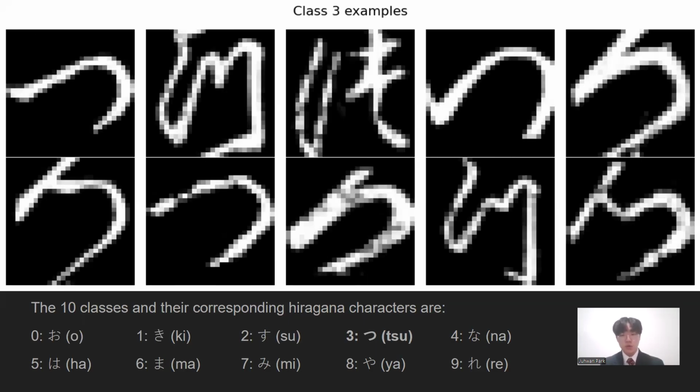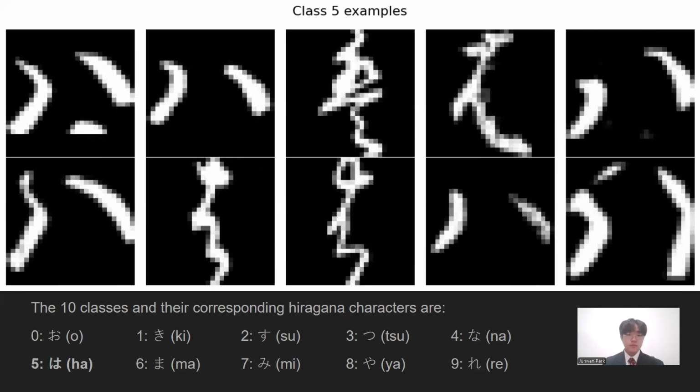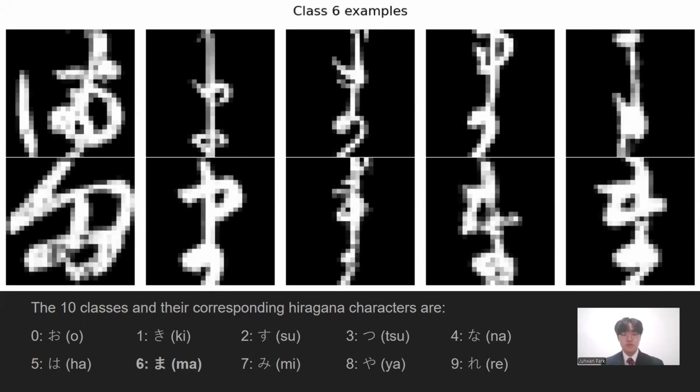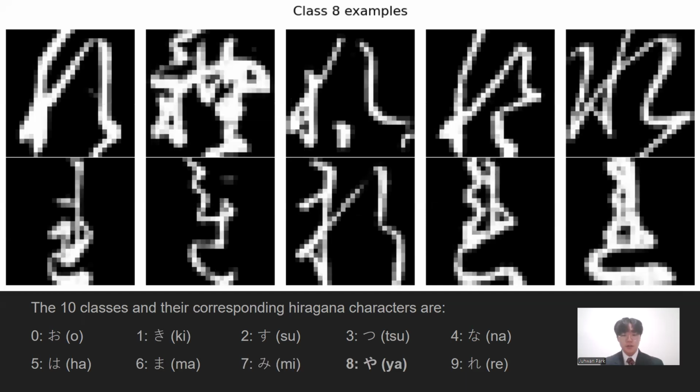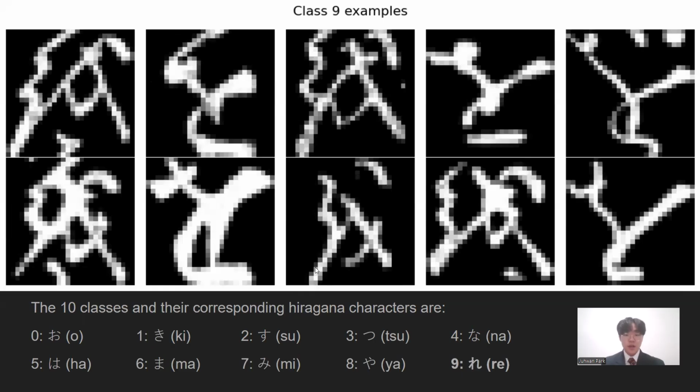So I'll just briefly go over all 10 examples. And I think class 5 is one of the examples where a few of them are hiragana, but the rest are not. Ma looks consistent, mi looks consistent. Ya, there may be a little bit of variations, and re.